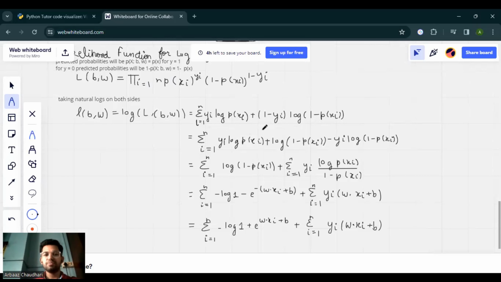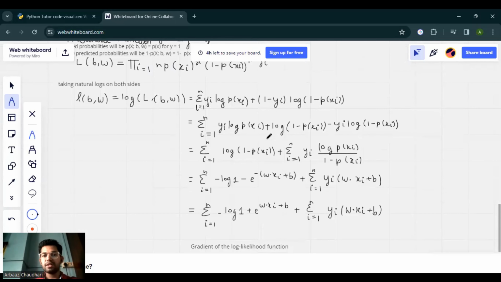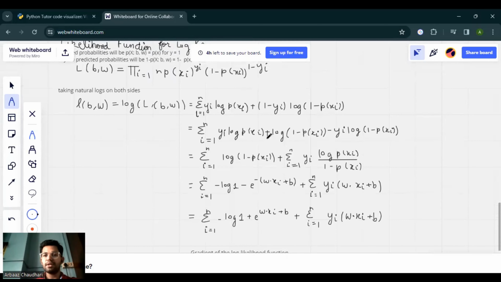Then we are trying to do the calculation. This calculation is a little bit difficult to understand, but I will try to explain it. Here the first term is the same, the sigma of yi log p of xi. Plus 1 multiplied by this log, and this multiplied by this.